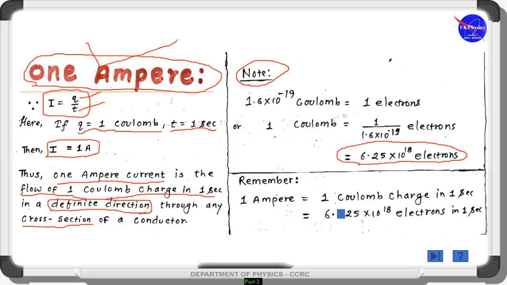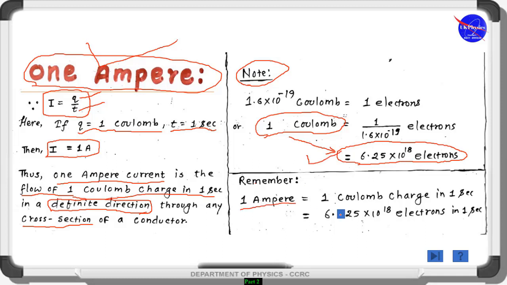If someone asks you how many electrons consist in 1 coulomb charge, then at that time you must say in 1 coulomb charge there exist 6.25 into 10 to the power 18 electrons. I hope you understand, and please remember this one.